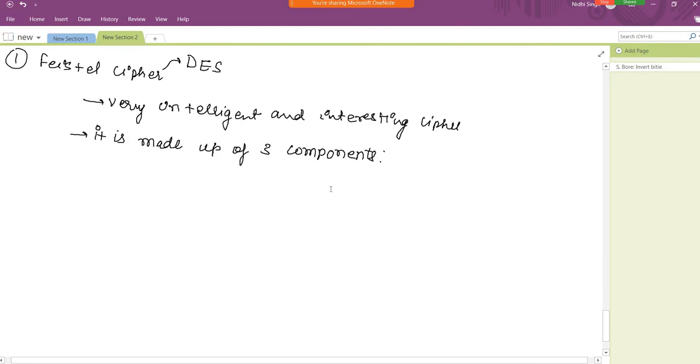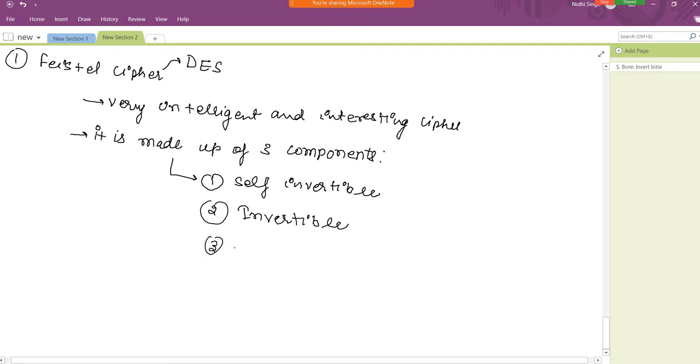These components are named as, the first one is self-invertible component. Second one is invertible component. And the third one is non-invertible component.